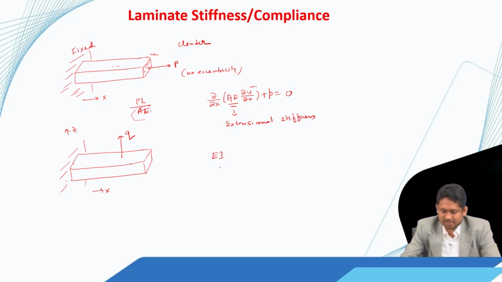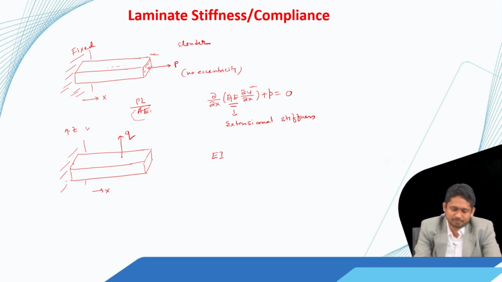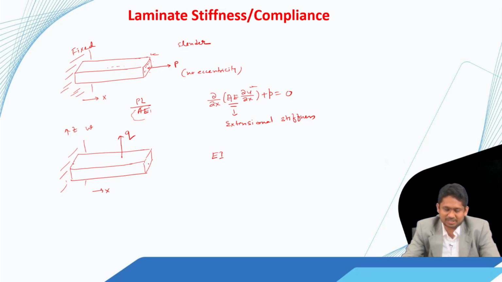Now, that we can do again based on the assumption that the displacement W along the vertical direction is constant, that means the beam does not contract or extend along the thickness direction, and displacement u along x direction is a linear function of del W by del x.